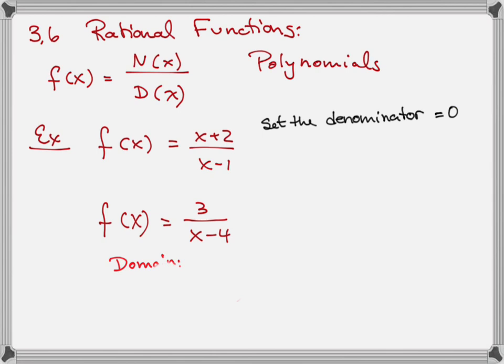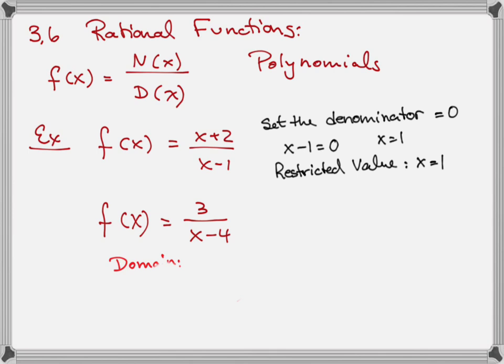So in this case, the denominator x minus 1 equals 0. I called this the restricted value. We solve for x and we get x equals 1. That is the restricted value.